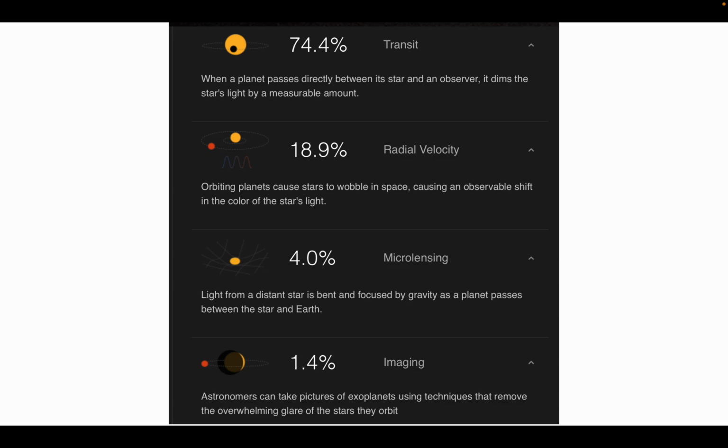The radial velocity method is another way, and about 20% of detected planets are detected using this method. Microlensing and imaging are growing fields. Detection by microlensing or imaging has been going on since around 2010, so a small number of planets have been detected with these two methods.